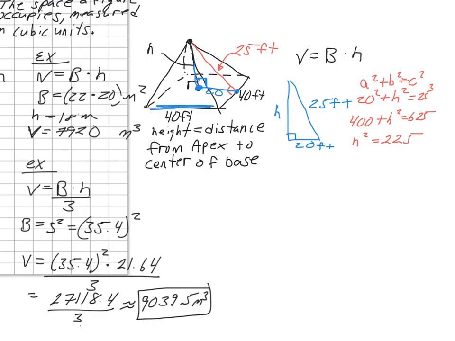The opposite of a square is a square root, so I take the square root of 225, and my height is equal to 15 feet.